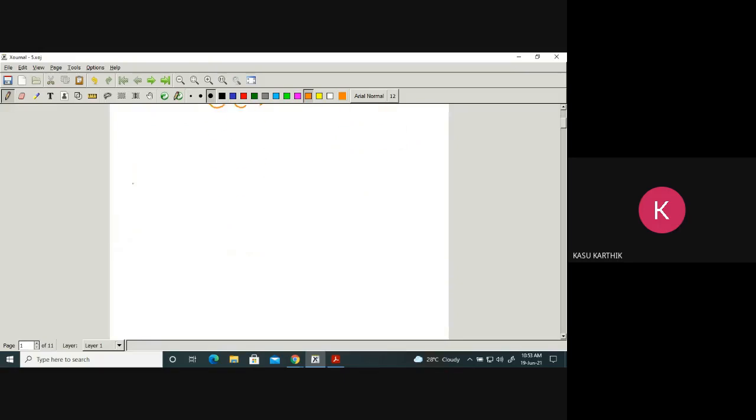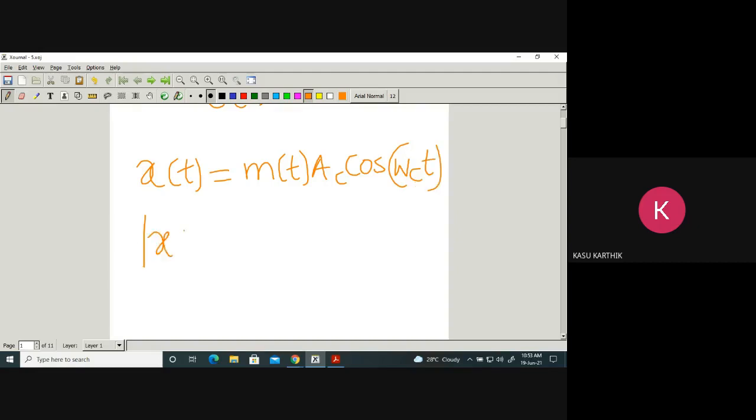So X of t we can write as M of t into, what is C of t? Obviously it is always AC cos omega ct. So what is mod of X of t would be? If you take mod to this, what do you get?